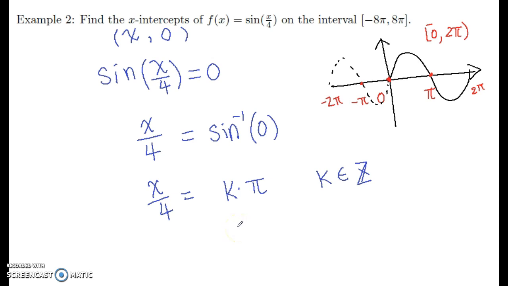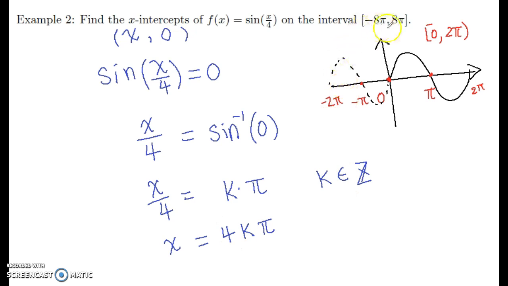Now this angle is x over 4. So in order to solve for x, we multiply both sides by 4. So x equals 4k pi, where k is an integer, is the entire solution for this trigonometric equation.